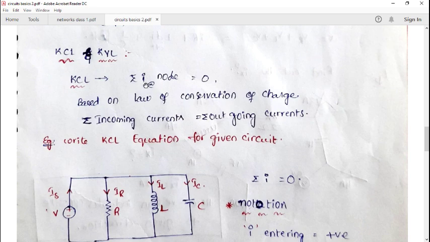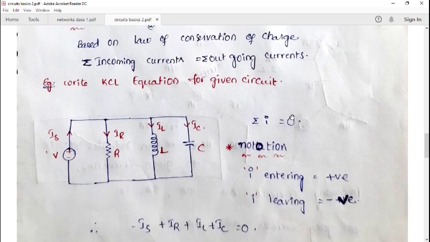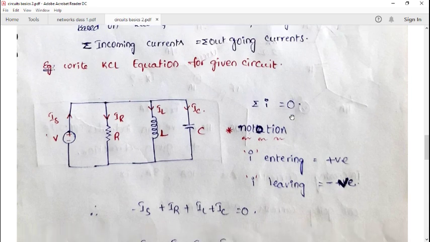So we can also define it as incoming currents to a node equal to outgoing currents. Here I wrote one simple form for the KCL.